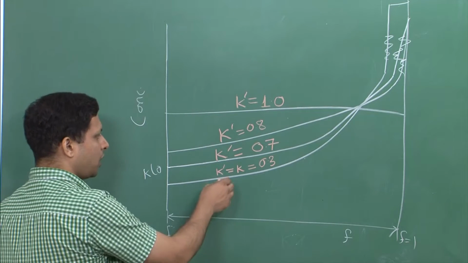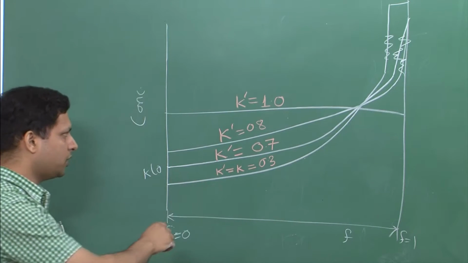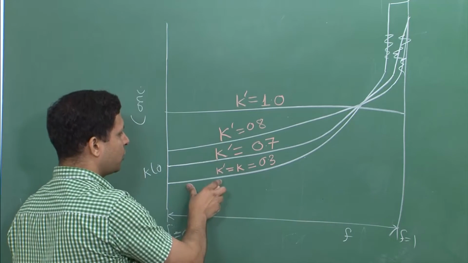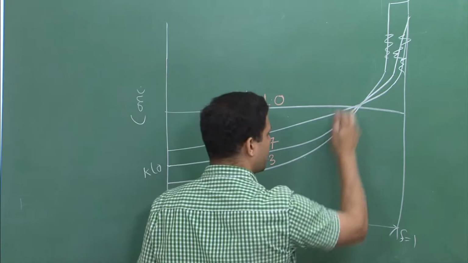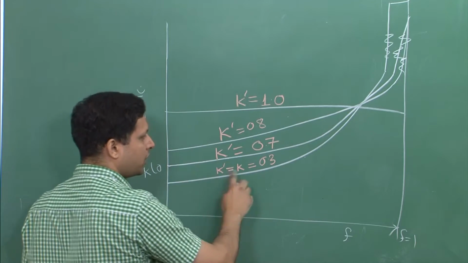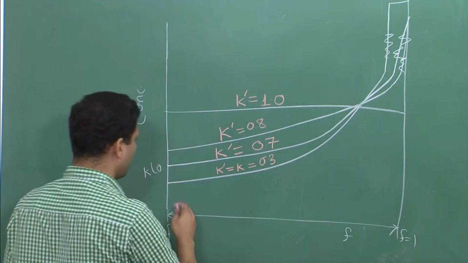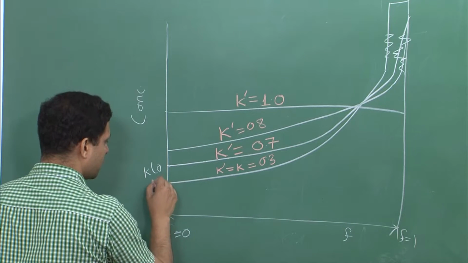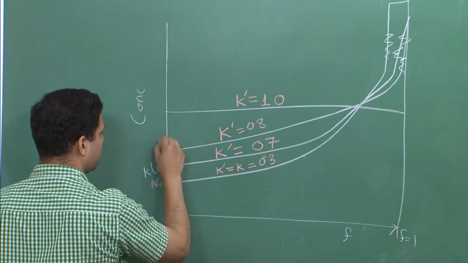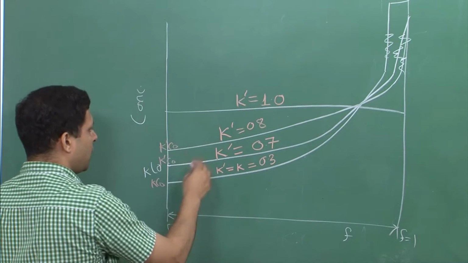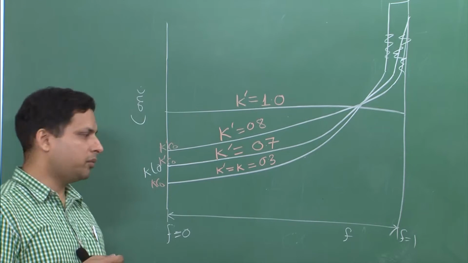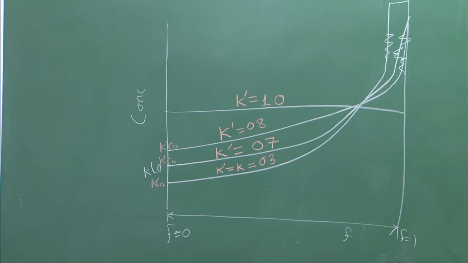You can see one more thing from here regarding zone refinement, that when your original distribution is like this and if you use the same condition, your new concentration will become smaller and smaller. So for example, this one was K C naught, this is K prime C naught, and the solute concentration in the solid becomes lower and lower.